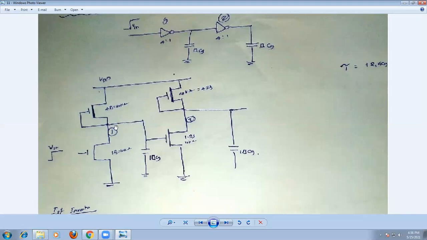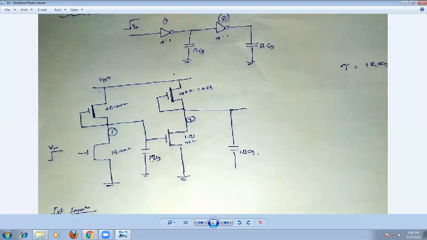That means we are giving the output to only one gate of a transistor, and this transistor is a minimum size transistor, with a 1:1 ratio. So the length to width ratio is equal, and therefore the capacitance associated with this transistor is 1 square Cg.